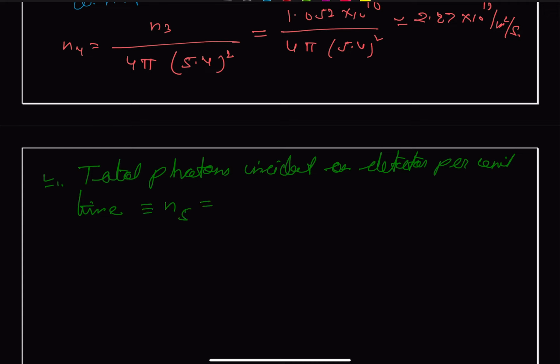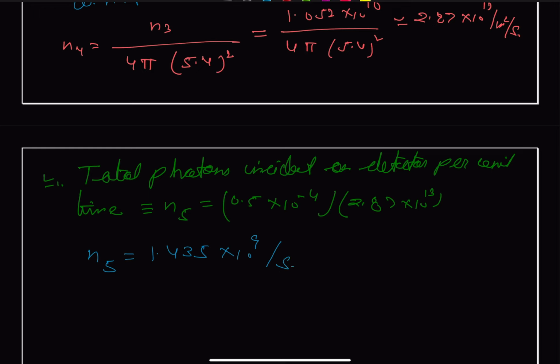N5 will be equal to, we know the area of detector, that is 0.5 into 10 to the power minus 4, and N4 we already know is 2.87 into 10 to the power 13. So this gives us that our N5 is equal to 1.435 into 10 to the power 9 per second.